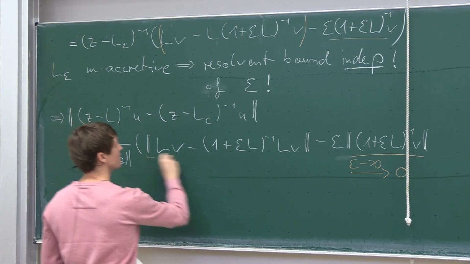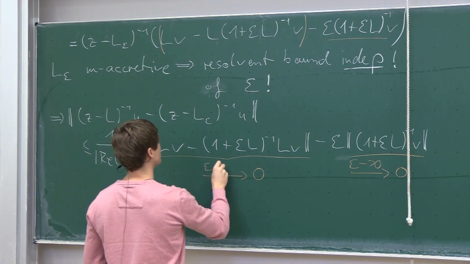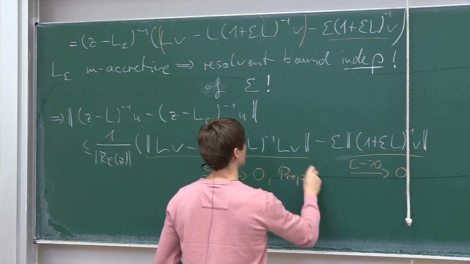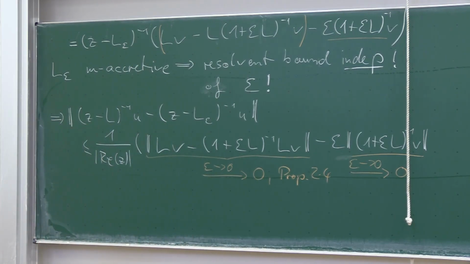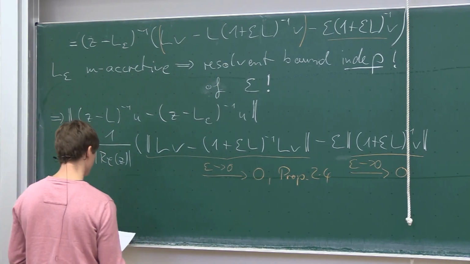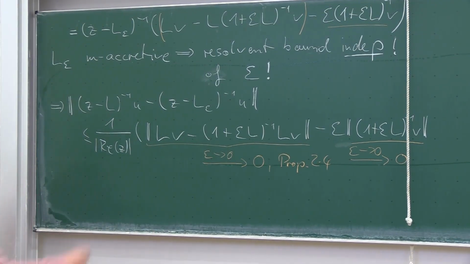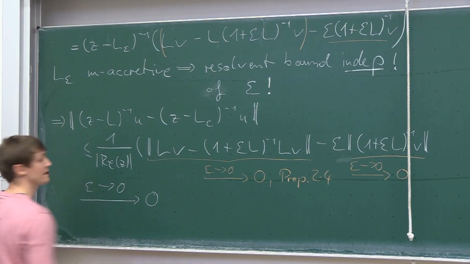So in particular, this whole expression tends to 0 for epsilon to 0 by Proposition 2.4. And this is a proof of C. So altogether, this converges to 0 as epsilon tends to 0.